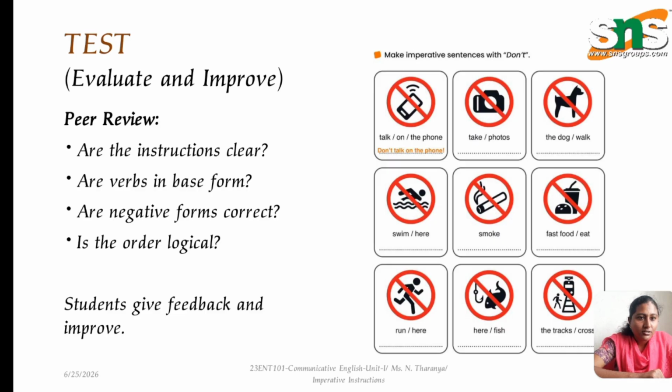Next, no fishing here. It is commonly seen at some ponds or river sites. Then, no track crossing. On the railway track, some people cross out of carelessness. In these kinds of situations, we see these real life examples.